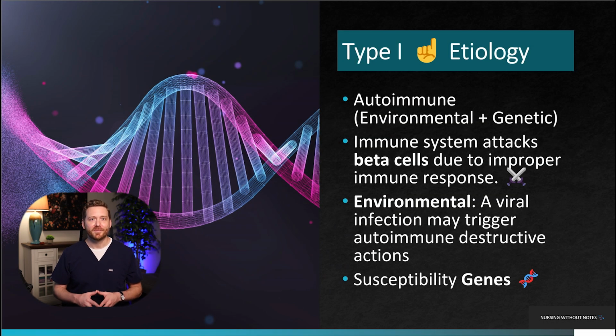Type 1 etiology. Type 1 diabetes has an autoimmune origin. It arises from an abnormal immune response that leads the immune system to target and annihilate the beta cells. Consequently, this leaves the individual incapable of producing insulin. While type 1 diabetes can manifest at any age, it predominantly emerges in children, formerly earning it the moniker juvenile onset diabetes.